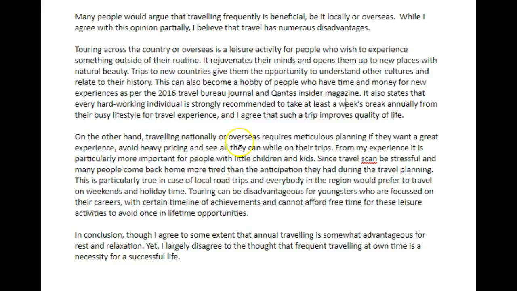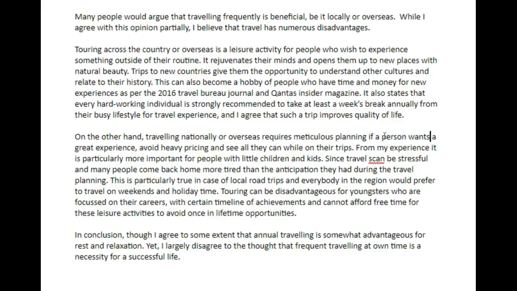On the other hand, travelling nationally or overseas requires meticulous planning.